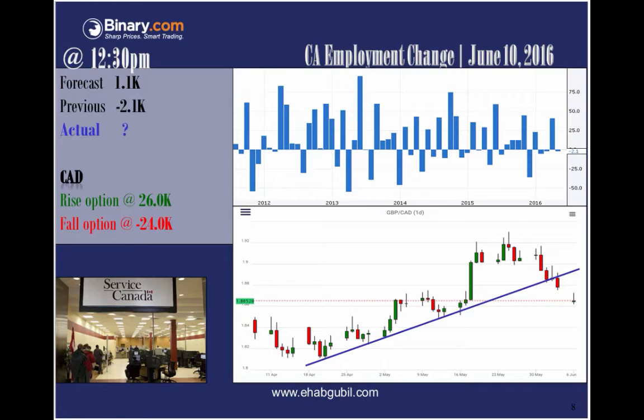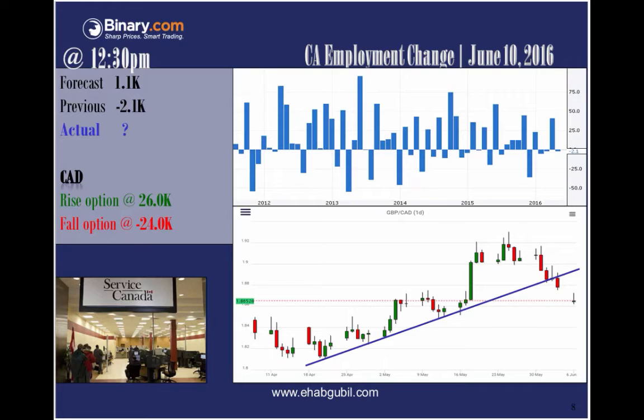Therefore, we should consider making a rise option on the Canadian dollar at 26,000 or more. And if we get a negative deviation, such as minus 24,000 or worse, we should see some weakness in the Canadian dollar, and I recommend making a fall option on the Canadian dollar against stronger currencies at that time.